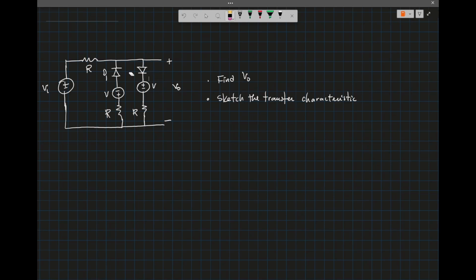So what I'm going to do is distinguish cases. Before we do that, as we always do for our diode circuit, let me draw the IV characteristic of the diode.